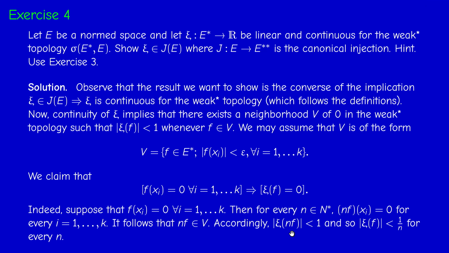What does it mean that Xi of n f is less than 1? Since Xi is linear, I can put the n outside and then divide by n. So I get Xi f in absolute value is less than 1 over n. But this is true for every n. So letting n tend to infinity, you get Xi of f is 0. So we proved this claim.